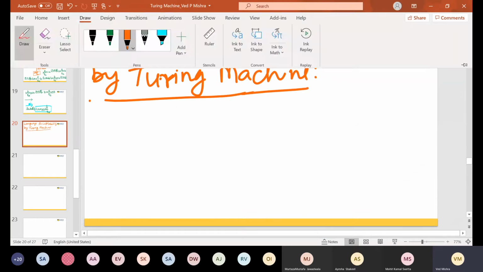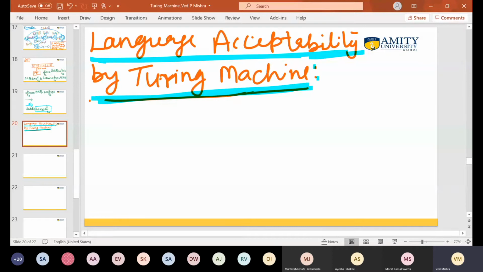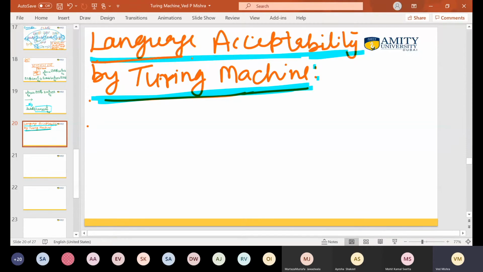It means when will you say this particular given language is accepted by this Turing machine? A Turing machine is given, and one transition diagram or transition table for that Turing machine was given, and one language was given to you. When will you say that language is accepted by that Turing machine? Okay, so we will do this now.